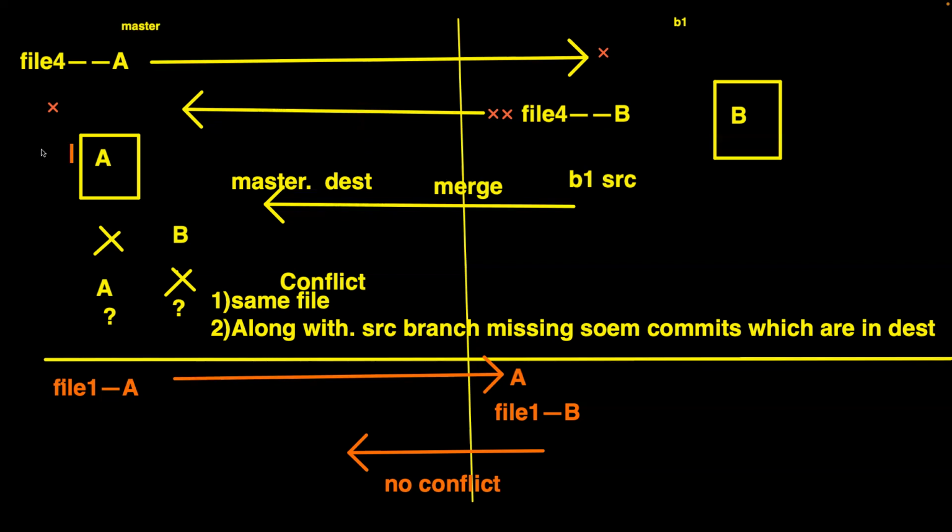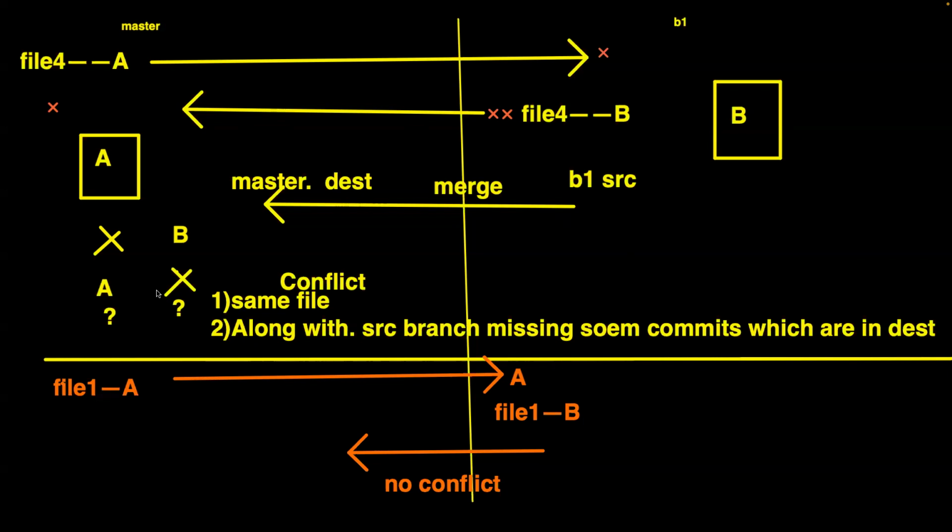Is this clear? Then you are merging. Merging means commits from B1 should come into master, and commits from B1 means only commit B. Means only commit B should come and sit here, means it should override commit A. Or else it should ignore B and keep A.